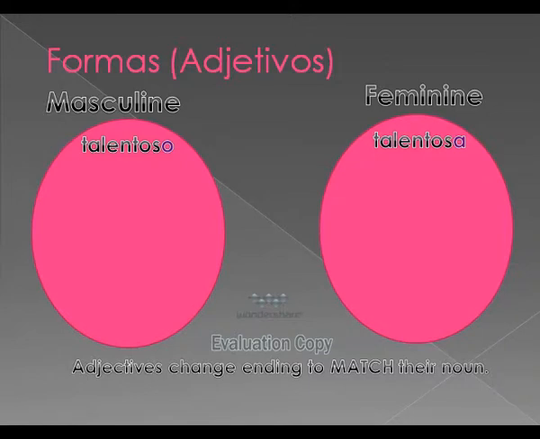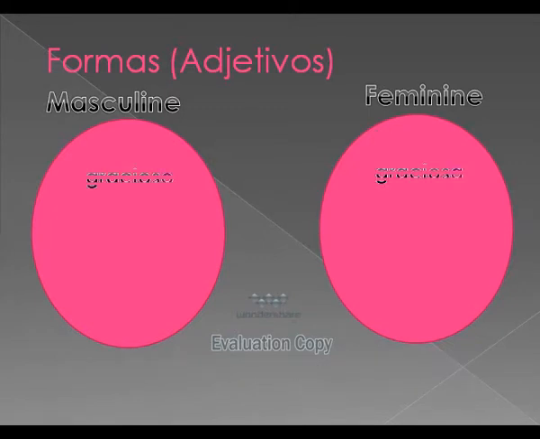Look at the purple. If you're a boy or you're talking about a boy or to a boy, you would refer to him as talentoso with an O. And if you're a girl or you're talking about a girl or to a girl, you would refer to her as talentosa with an A. That also happens in other words like gracioso and graciosa.